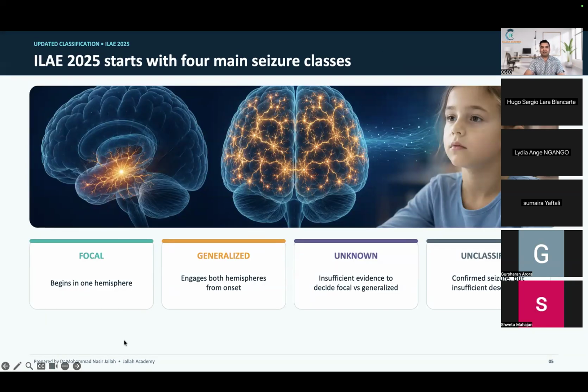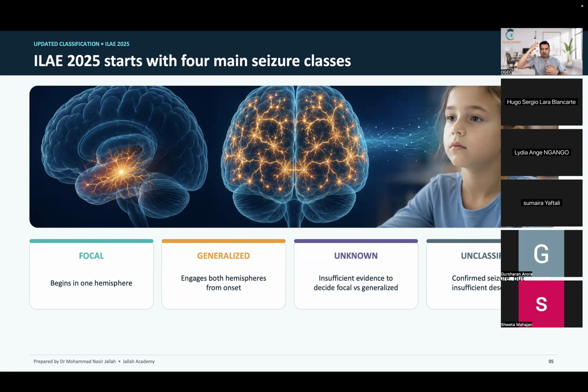Basically, the ILAE 2025 divides seizures into 4 different parts. The first one is focal, which begins in one hemisphere. Generalized engages both hemispheres from onset. So focal can start from one hemisphere, go to the other hemisphere, and become generalized.